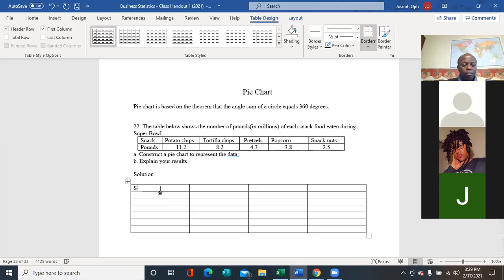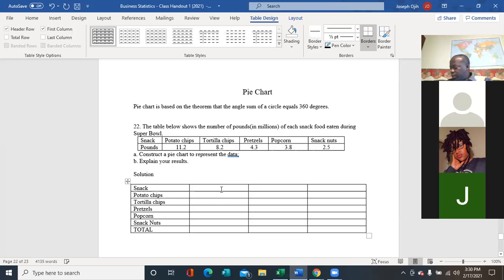Okay, we have snack, where we have potato chips, tortilla chips, then we have pretzels, then popcorn, then snack nuts, then our total.